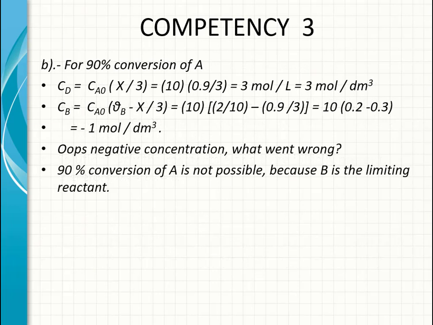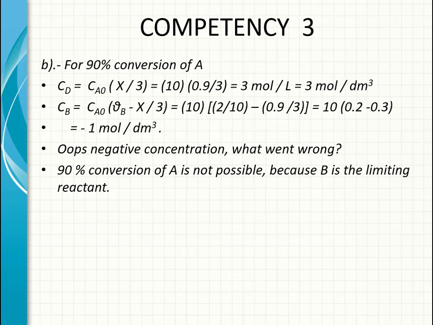Now, for 90% conversion of A, the concentration of D again will be Ca0 times X divided by 3, but in this case X is 0.9, so it's going to be 10 times 0.9 divided by 3. This is equal to 3 moles per liter. And for B, the concentration of B will be Ca0 times theta B minus X divided by 3.